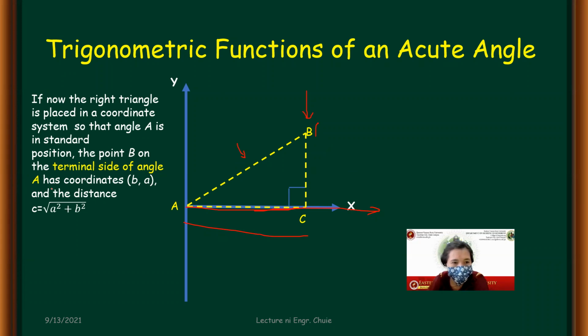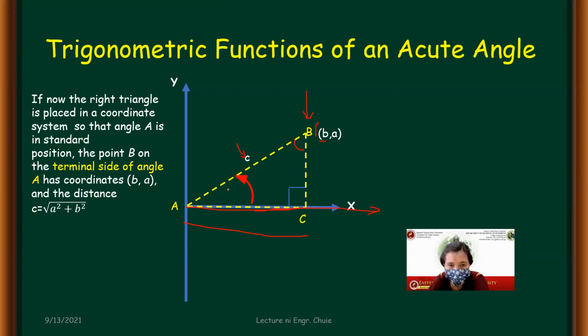in the last slide. Since B is located, what is the x-coordinate of B? The x-coordinate of B is equivalent to the opposite of the angle B, right? The opposite of angle B is a side which we denote as small letter b.